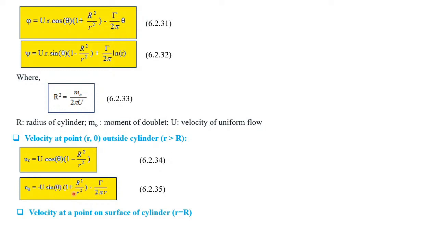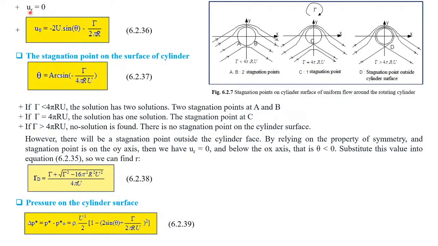You put 2 here: U theta equals 2 U sine theta minus gamma over 2 pi R. So we get the formula here: UR equals 0 and U theta like this.